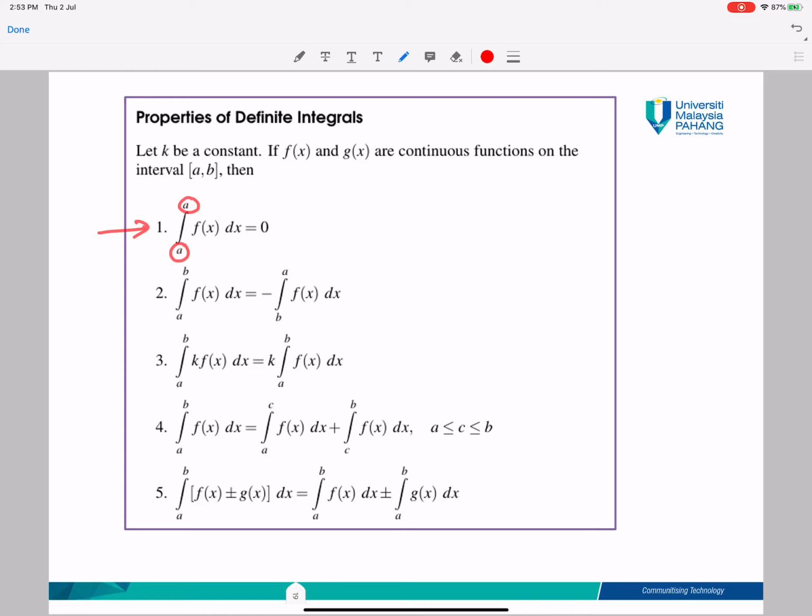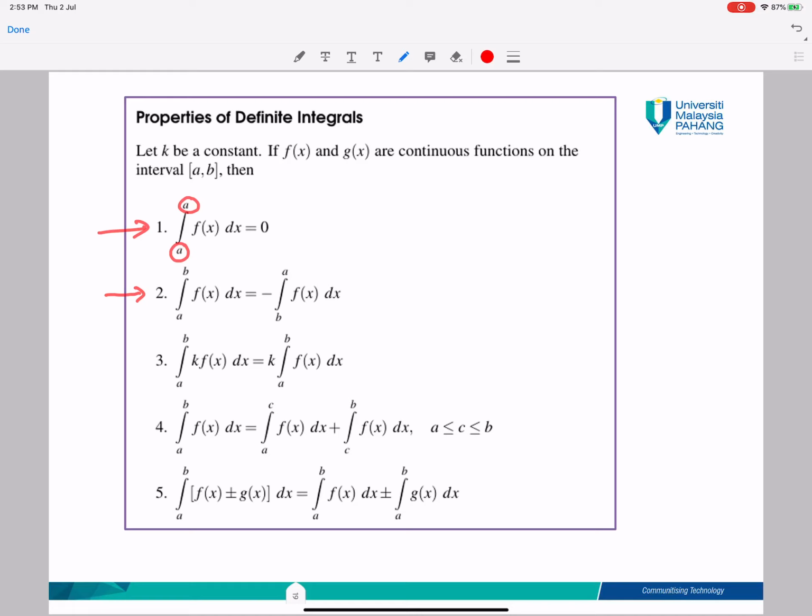So the lower limit equals the upper limit. And when the lower limit equals the upper limit, then the result of the integral will be equal to 0.